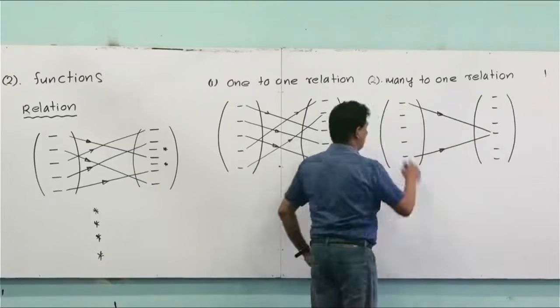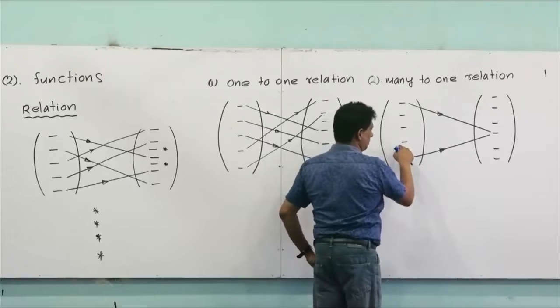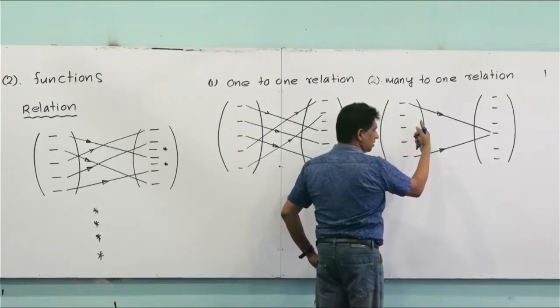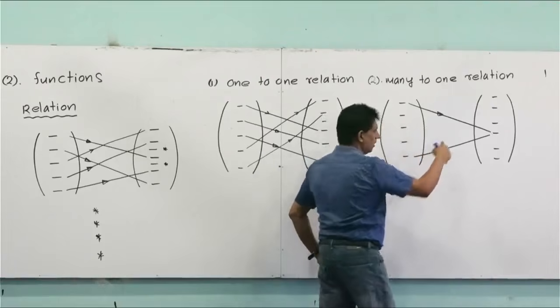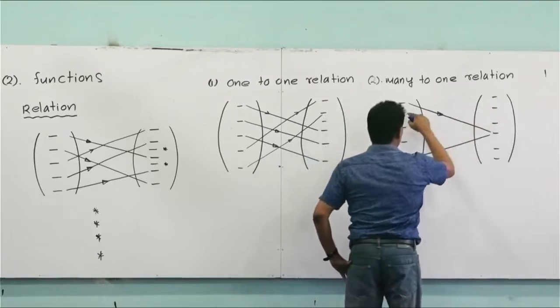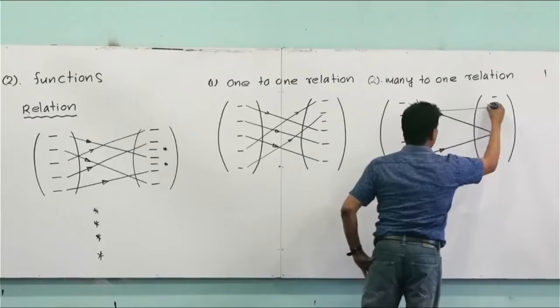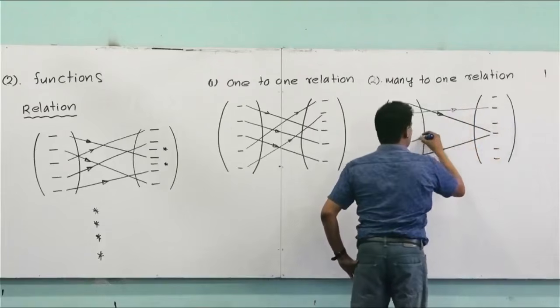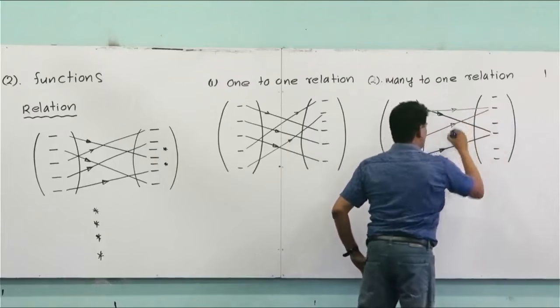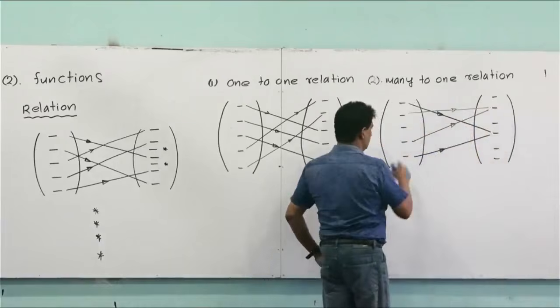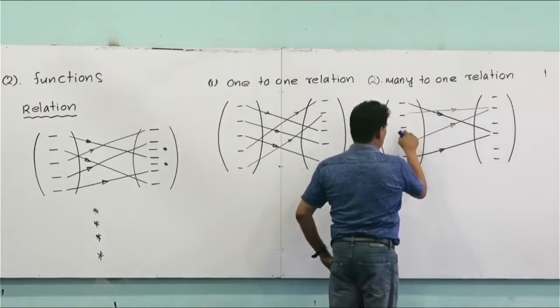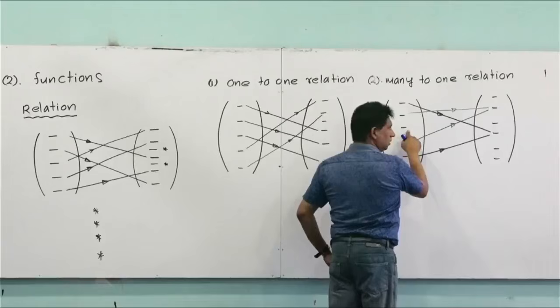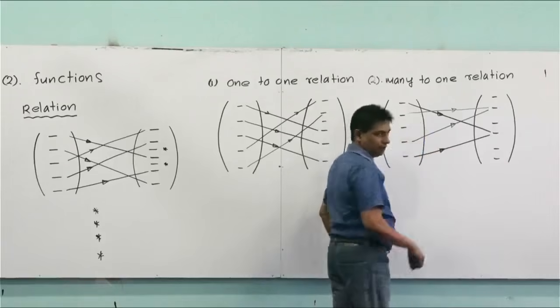Right? Then this one minus 1, this one positive 1, then minus 1 squared means positive 1. No? If this element is positive 1, then this one is connected with this one, and this element is also connected with this one, right? And if this element is 5, then what is the square of 5? 25.